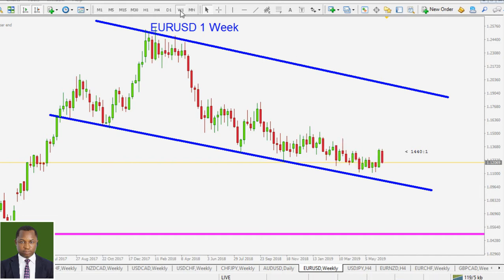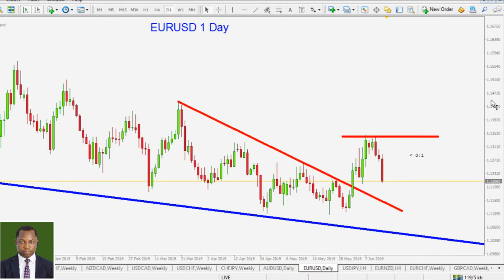Well, in the daily time frame, you can see the fall as of last week. You can see that fall to the downside again. This is now our new level of daily resistance, okay. And we also have this leaning line that was acting as resistance and may now act as support the next time price comes around to retest that level.